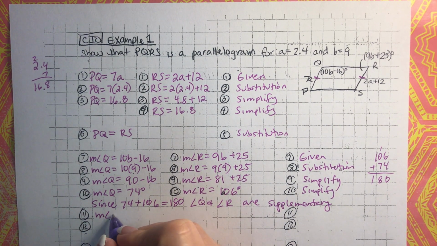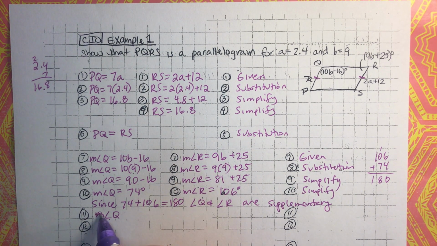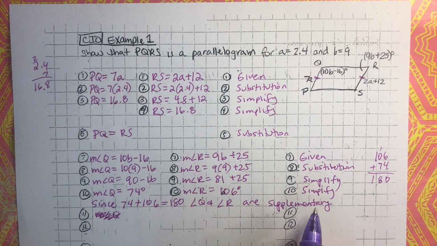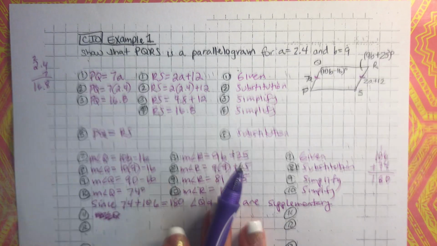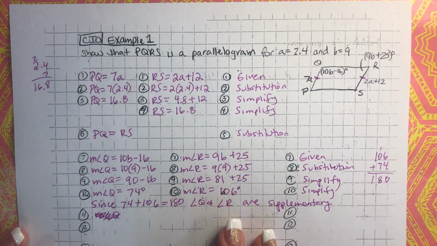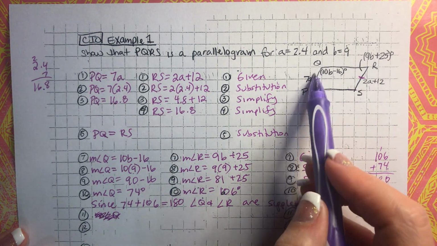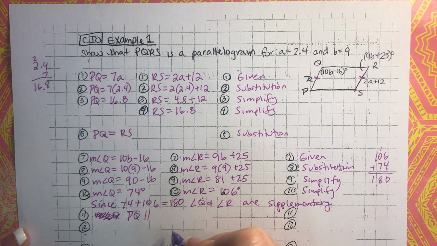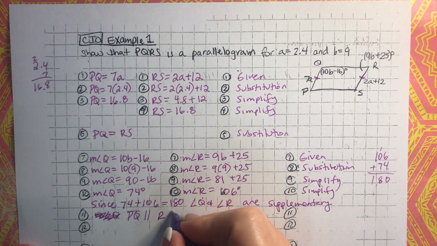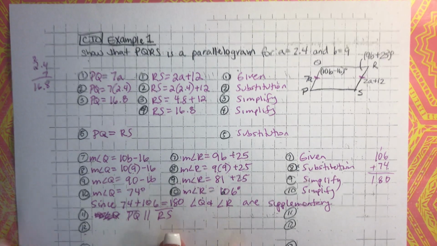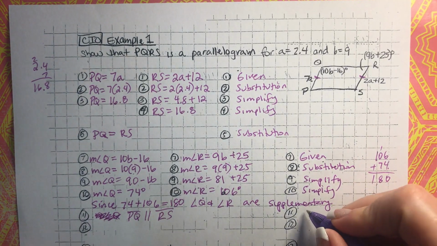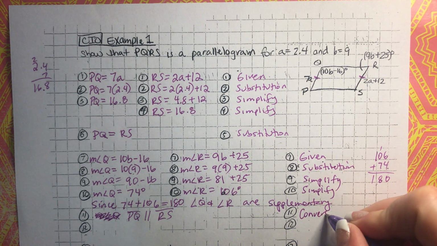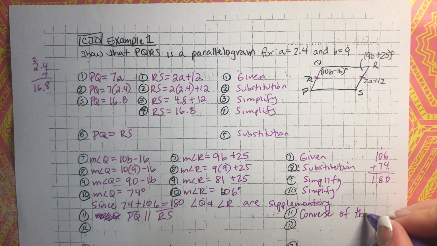The measure of angle Q plus, wait, we just said that. Okay, so it means that they're supplementary. So then because they're supplementary, what can we say? We can say that these two lines are parallel, right? We can say that PQ is parallel to RS. Why? Because of the converse of the same side interior angles.